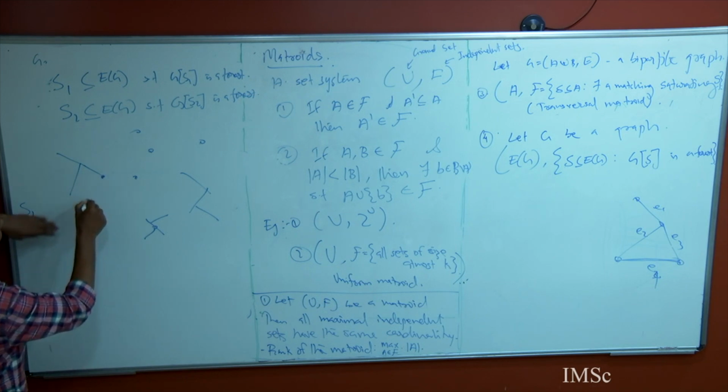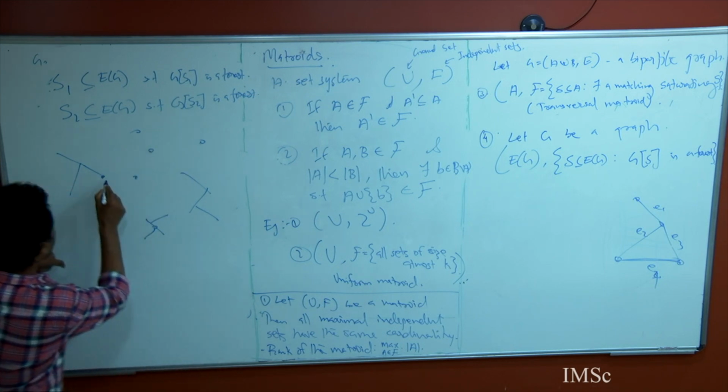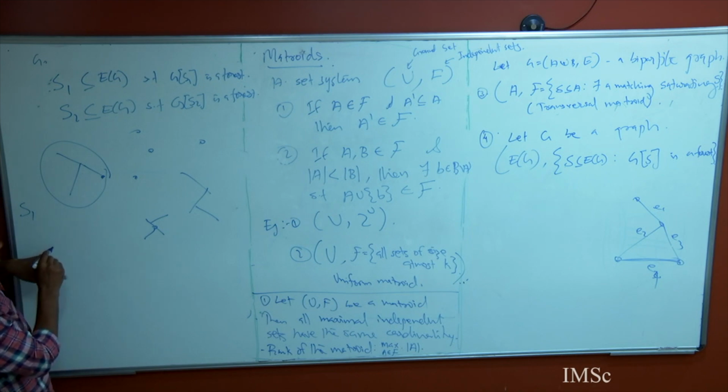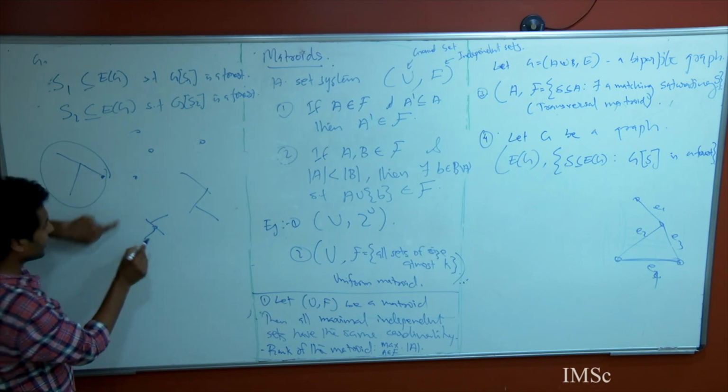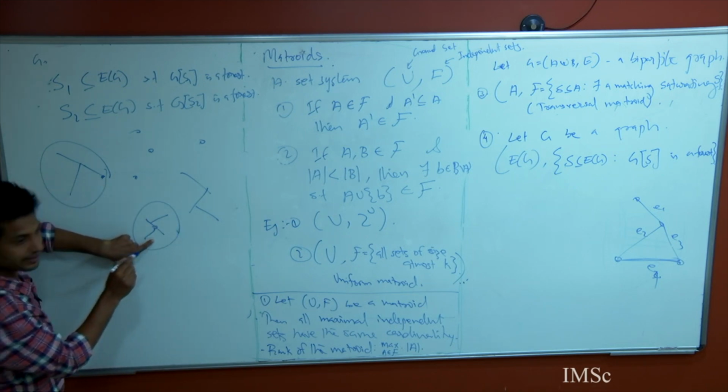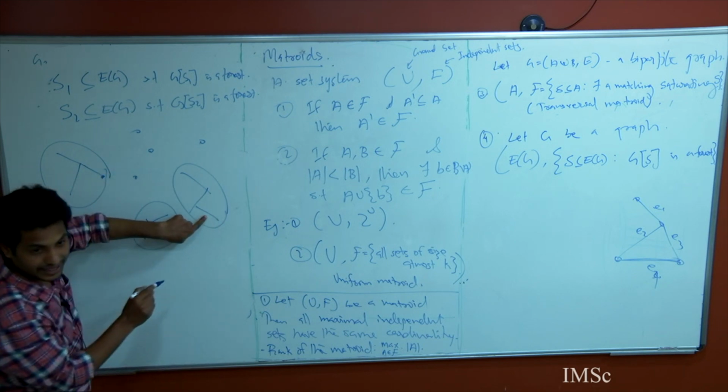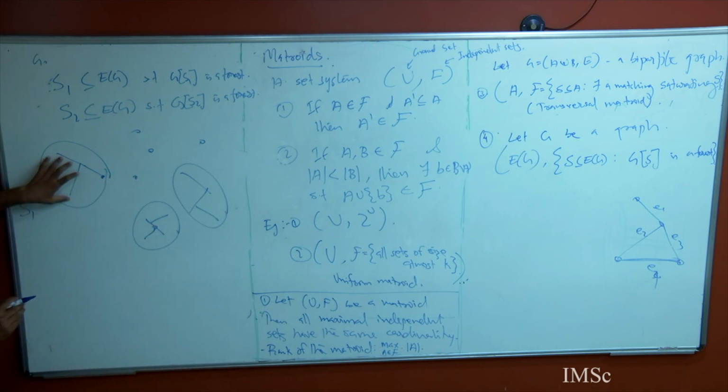So the edges in S2 are lying within here, and within here, and within here, like that. And each connected component is a tree. The number of edges in a tree on say r vertices is r minus 1. So S1 has r minus 1 edges here, S2 also has r minus 1 edges here.